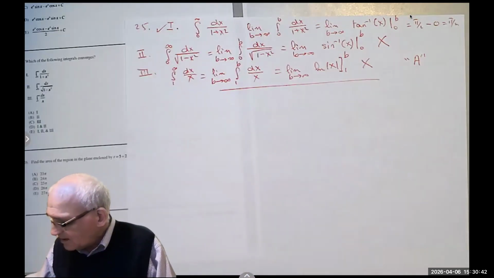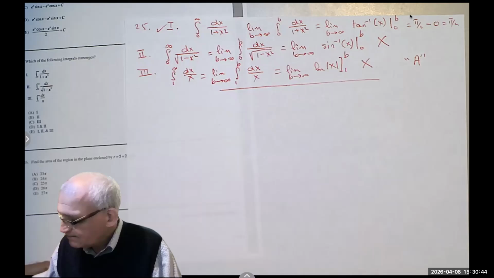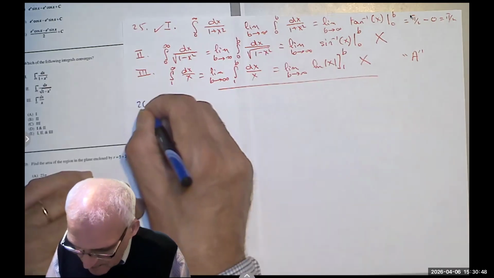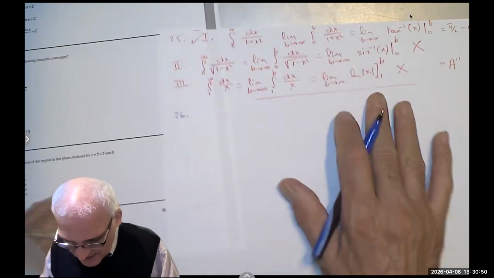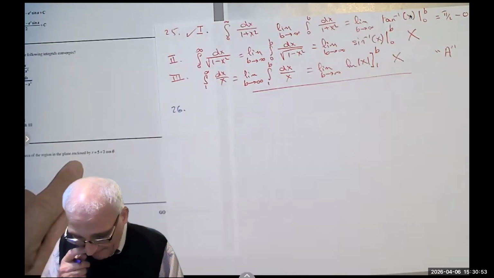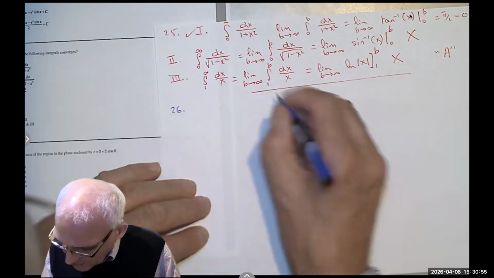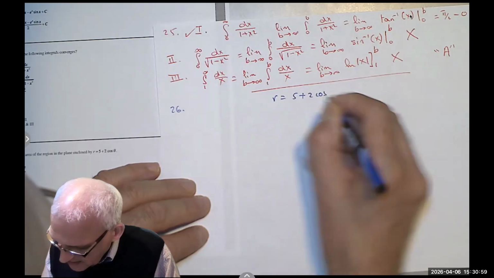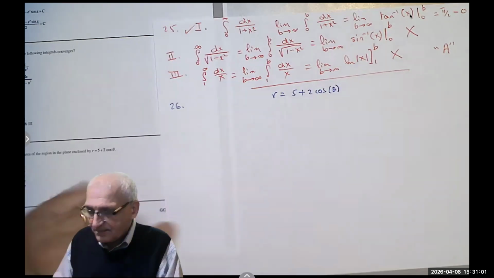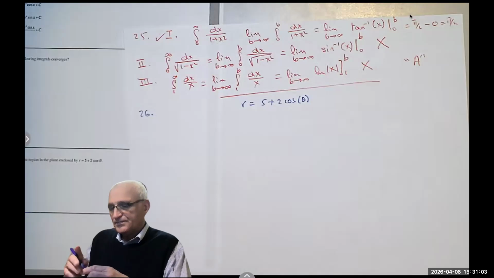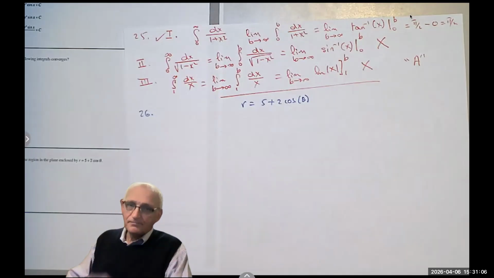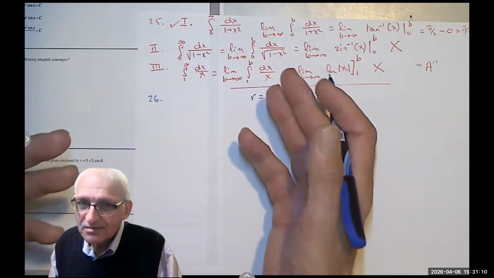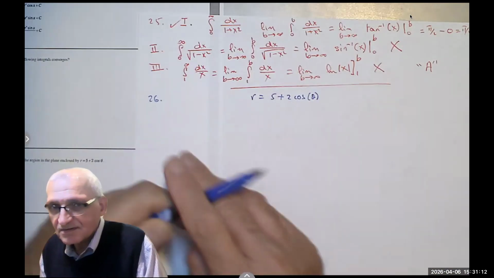Alrighty, next one, 26. Number 26, it says find the area of the region in the plane enclosed by r equals 5 plus 2 cos theta. So again, you don't need to plot it.